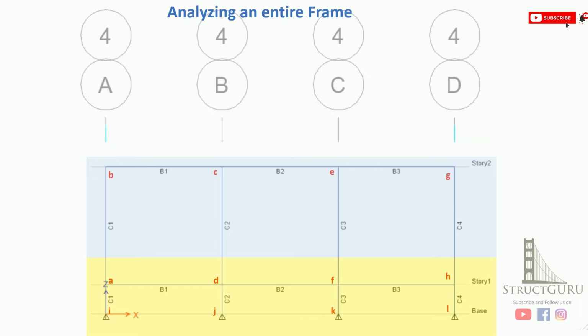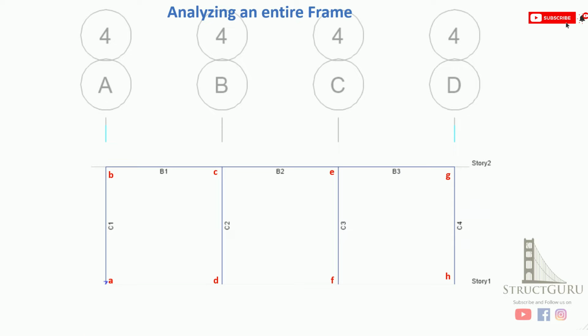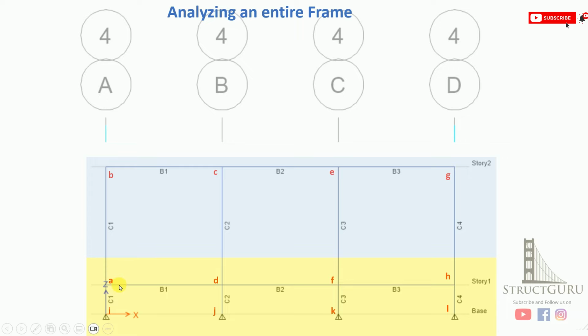Now let's analyze the upper story frame first. We need to assume the support conditions here. You can assume pin connections, because when you analyze the bottom story, you will automatically get a moment from this connection. So it will give you a realistic picture of moment distribution. If you consider the continuous beam individually and assume a pin connection here, it will have zero moment, but actually it will generate a moment here because this is not pin.